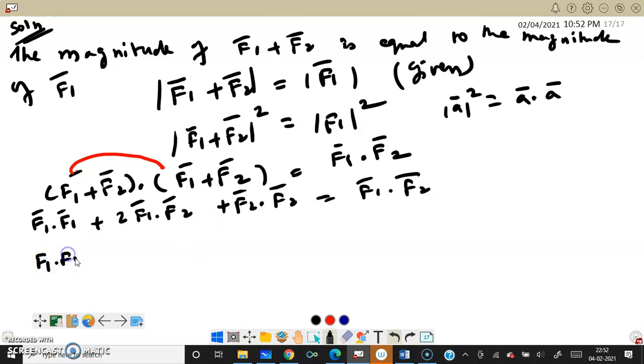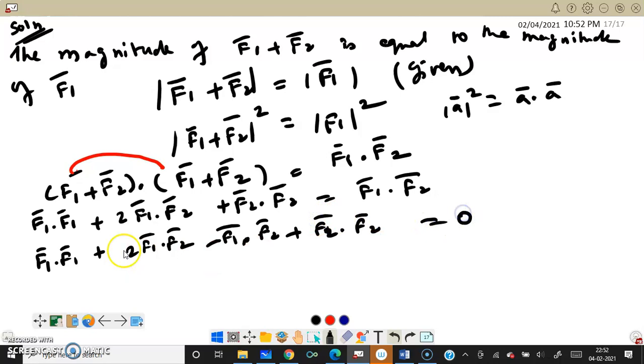We get F1 dot F1 plus 2 F1 dot F2 plus F2 dot F2 minus F1 dot F1 equal to 0.